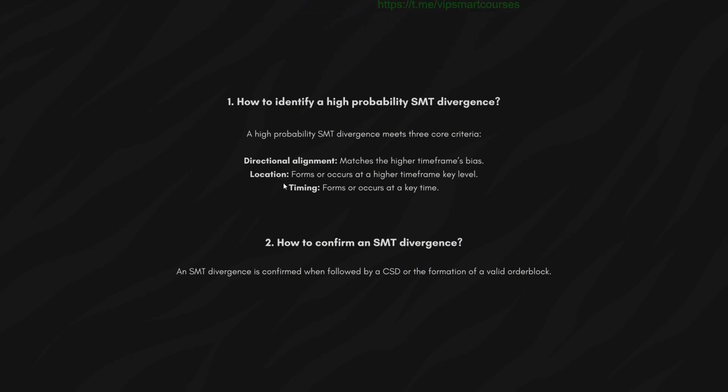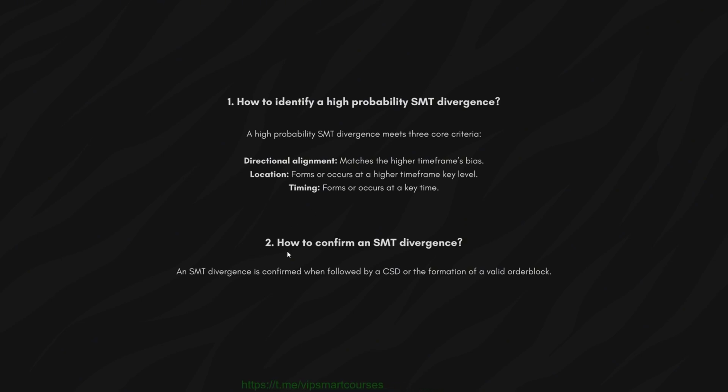That's another quality that leads to a high probability SMT divergence. And number three, it forms at a key time. These are the three key characteristics that add more probability to the SMT divergence playing out, which makes it a high probability SMT divergence.